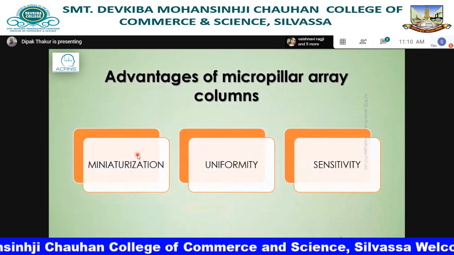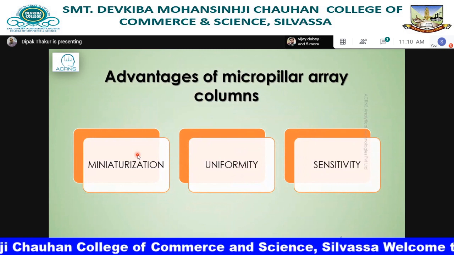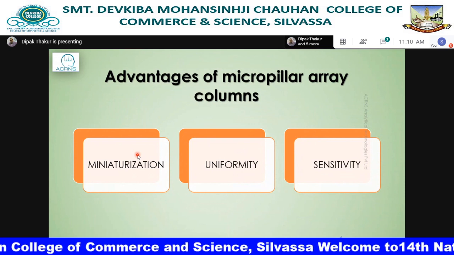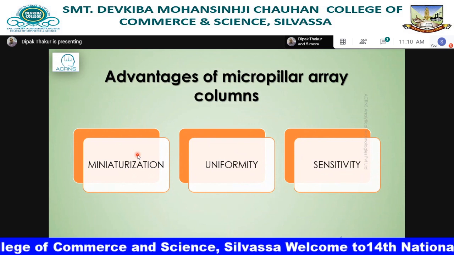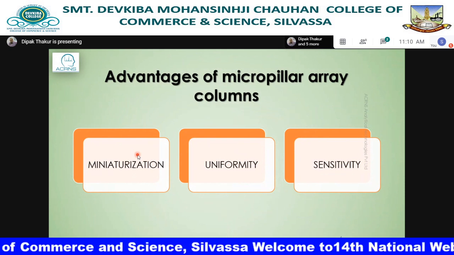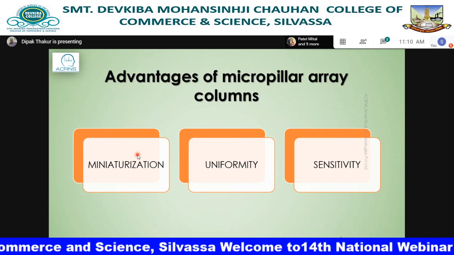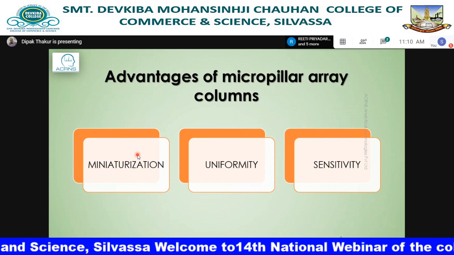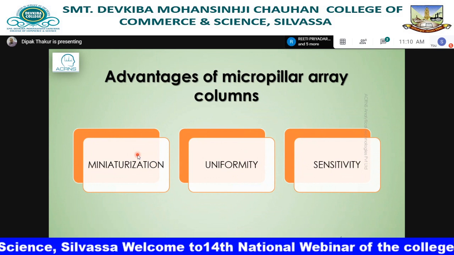So what are the advantages of micropillar array columns? They provide you miniaturization. What is the benefit of miniaturization? The flow rate is in nanoliters, 250 nanoliters. Think about it. Even if you run for whole day or a week, what will be the consumption of solvents?